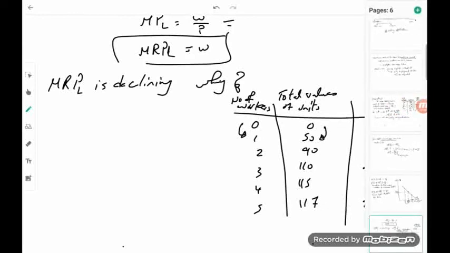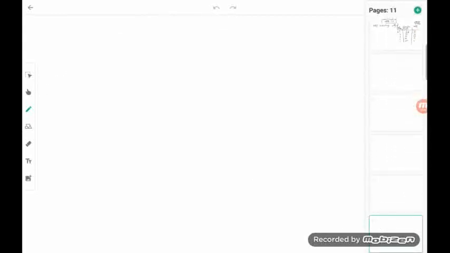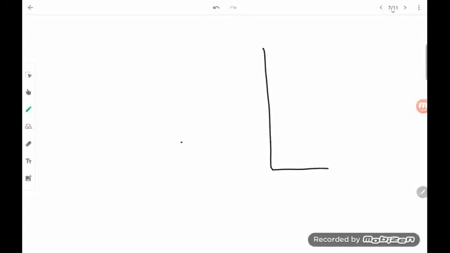And this can be illustrated graphically. This is number of workers and this is marginal revenue productivity of labor and wage rate, and this is the nominal wage rate, not the real one.